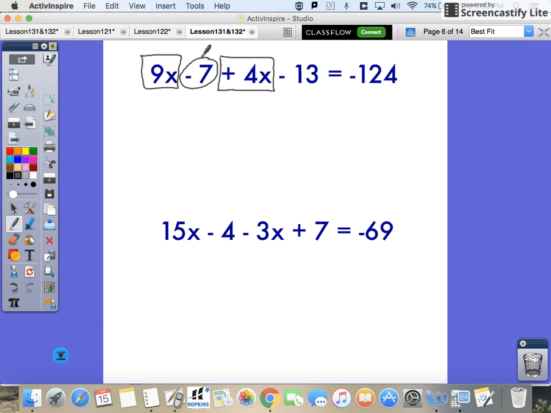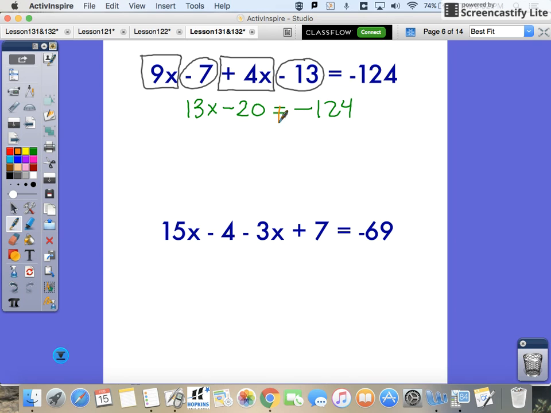You need to include the negative because it tells us it's a negative 7. Same here. So notice in that sentence, every single piece is circled by something. So now the 9x and the 4x make 13x. And the negative 7 and negative 13, that's all negative. It's negative 20.